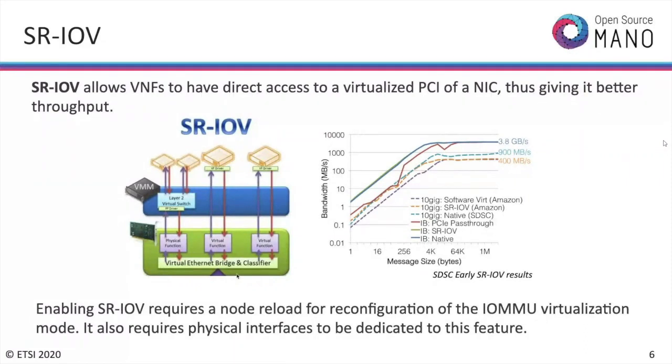The special thing about SR-IOV, as compared to pass-through, is that you get a virtual PCI address, so you can actually map many virtual machine interfaces to the same NIC. Some NICs support 64 virtual functions, that is, virtualizations of the NIC. Some others support up to 128 functions.